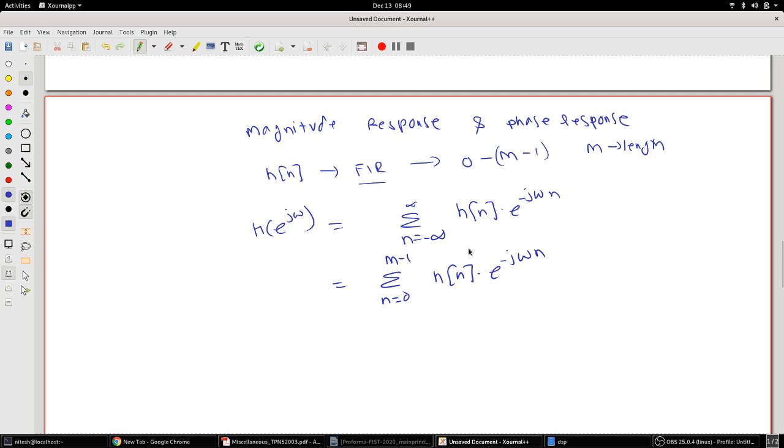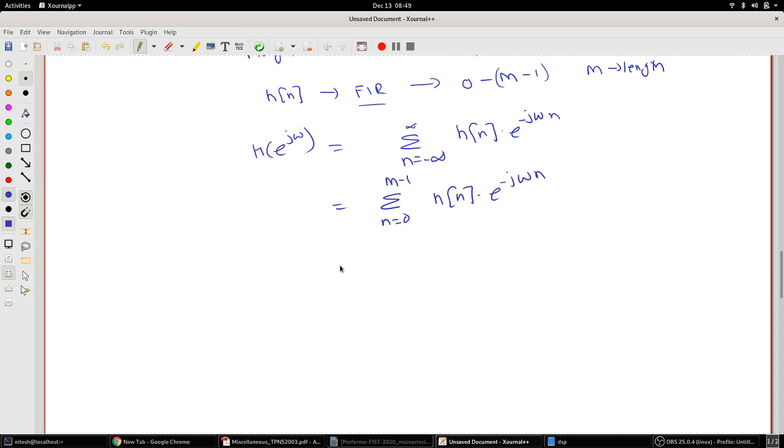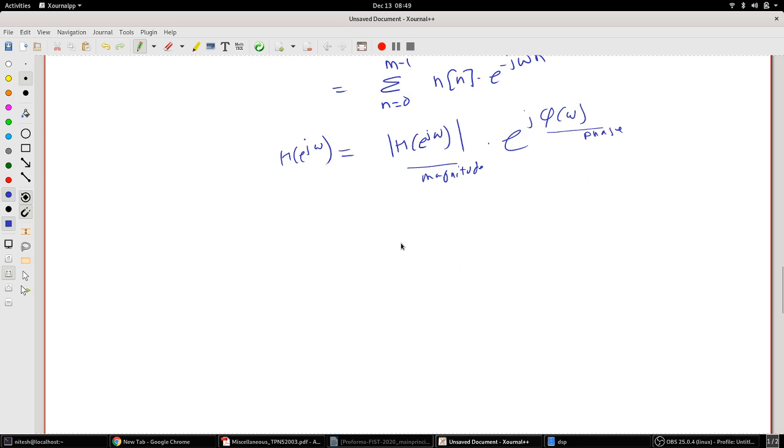Now this can be written as magnitude of H of e raised to j omega into e raised to j phi of omega. This is your magnitude, and this is your phase. This is basically a complex number, so you can express it in terms of polar form.